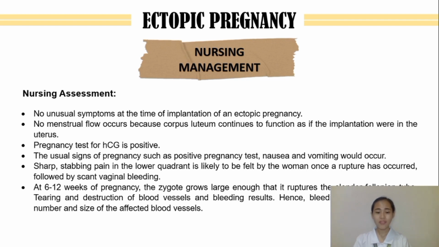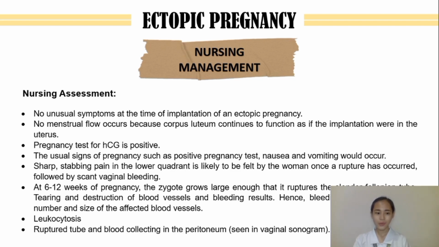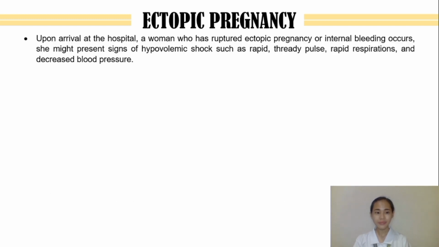Tearing and destruction of blood vessels and bleeding results. Bleeding will depend on the number and the size of the affected blood vessels. Leukocytosis, a ruptured tube, and blood collecting in the peritoneum are seen in vaginal sonogram.